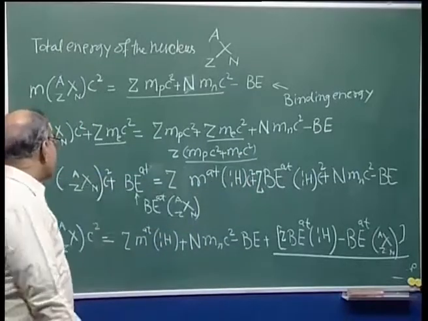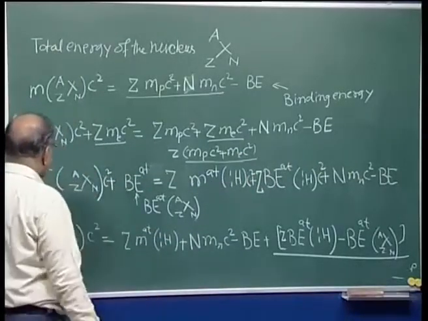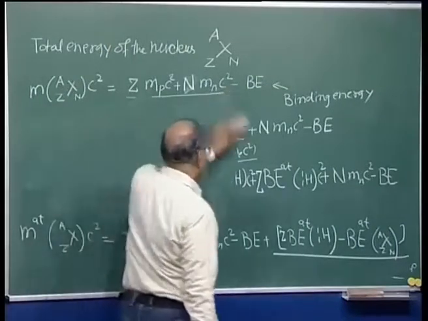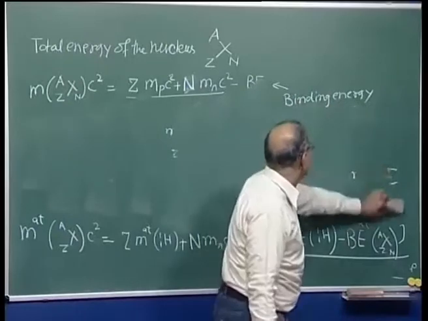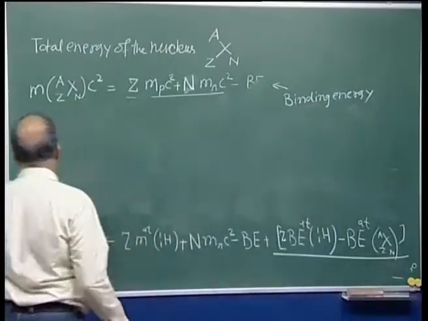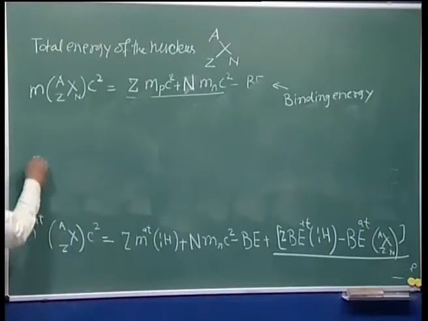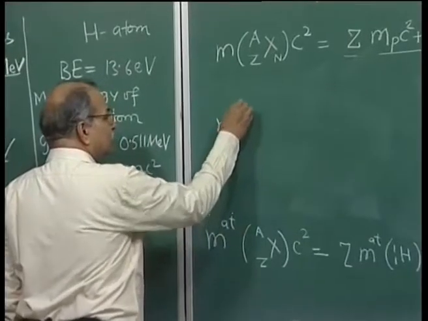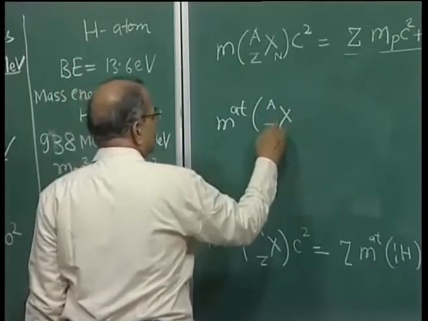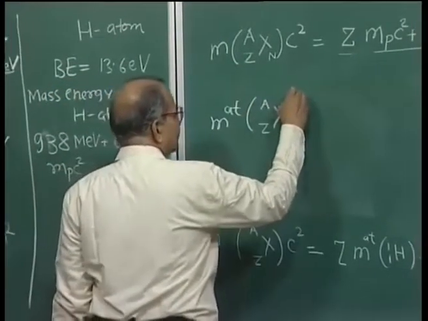So, if you neglect that, what happens? If you neglect that and write it here, you have atomic mass. Now, you take atomic mass of this atom with Z protons and A total nucleon number.